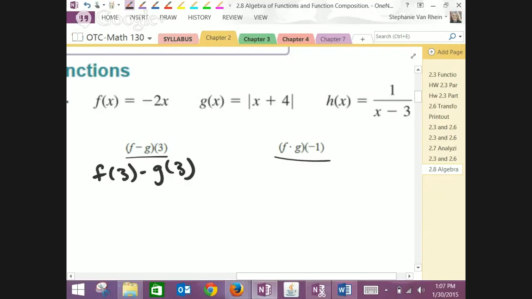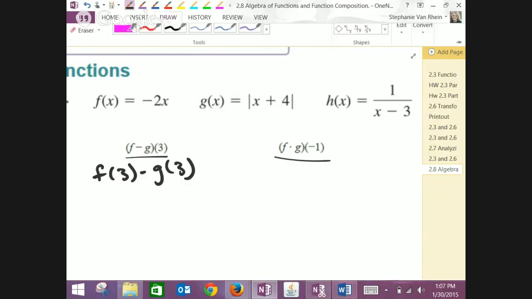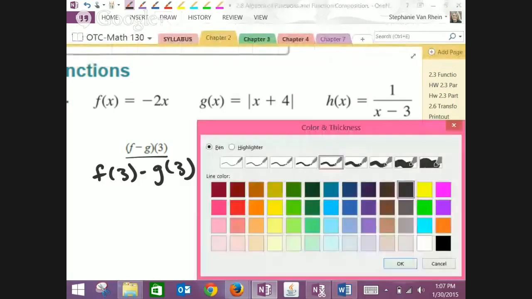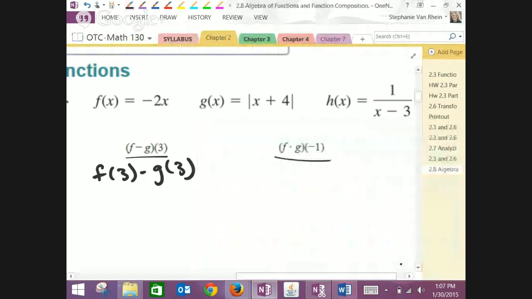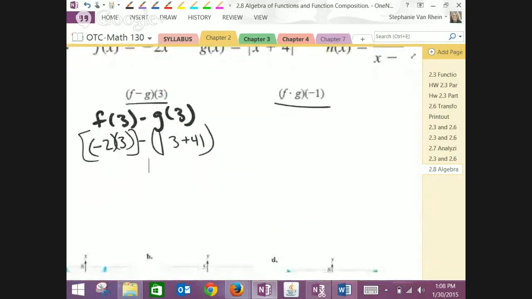So I need to evaluate the function f at 3 and evaluate the function g at 3 and then subtract them. Right? So what is f of 3? Well, f of 3 would be minus 2 times 3, minus g of 3, which would be the absolute value of 3 plus 4. So this would be minus 6 minus 7, which gives me minus 13.